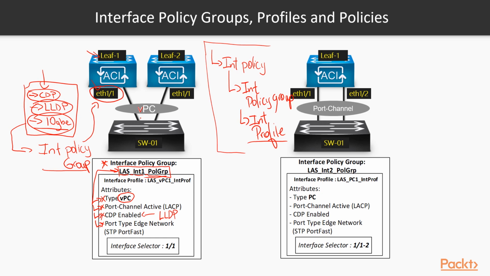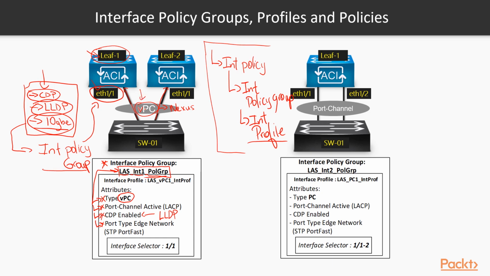For those who don't know what a VPC is, it's a virtual port channel, and on the Nexus platform, it's the way that you do multi-chassis EtherChannel, so the way that you LAG between 2 different switches for redundancy, in this case between 2 different leaves, is by a virtual port channel.